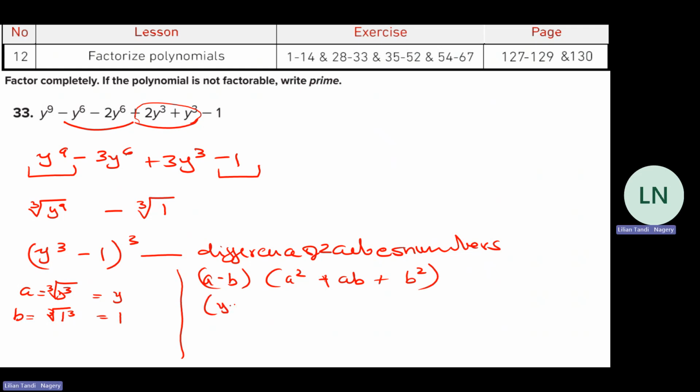A minus B is y minus 1. Then y squared plus y times 1 plus 1 squared. You have y minus 1, y squared plus y plus 1.